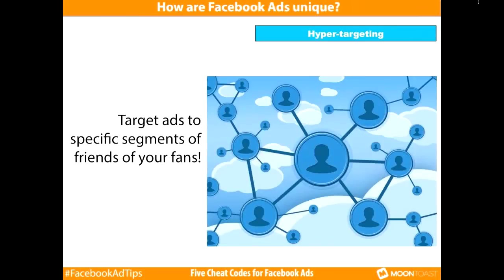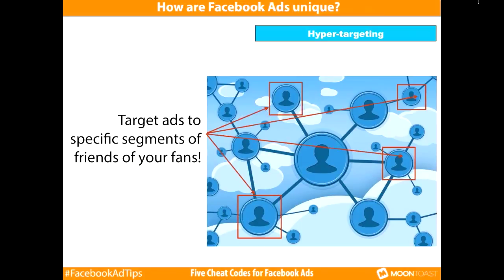The other powerful piece of Facebook ads is that you can target extremely specifically. Okay, you can drill down into specific networks within, say, your fan base, your Facebook page fans, or even through a subset of your email list. You could target ads at those people, and I'll discuss that a little bit later on.